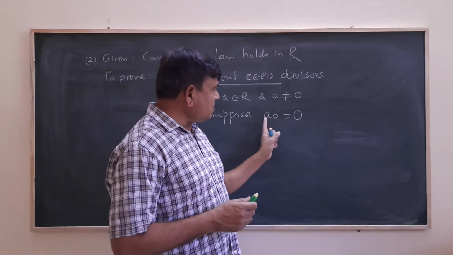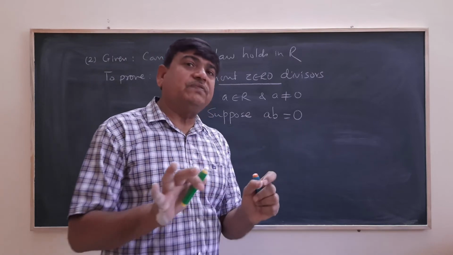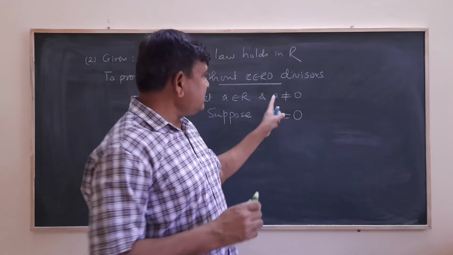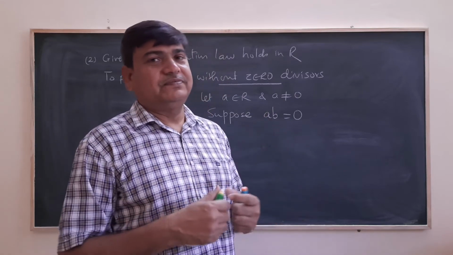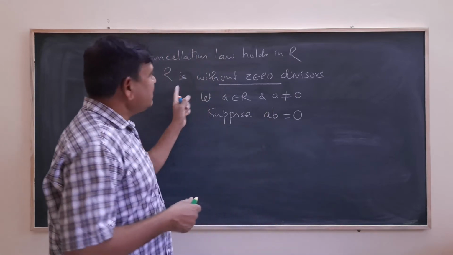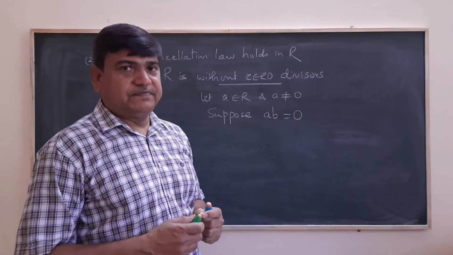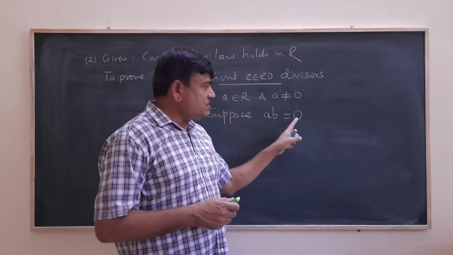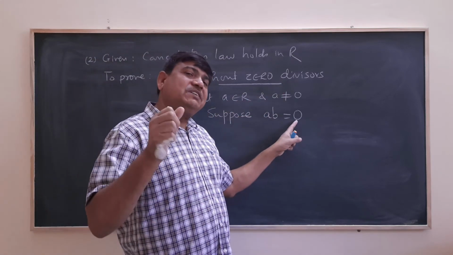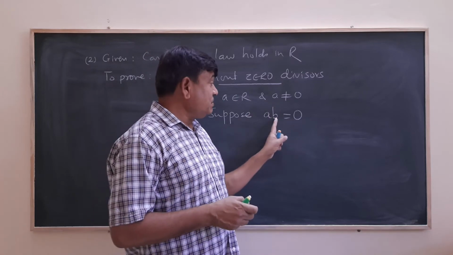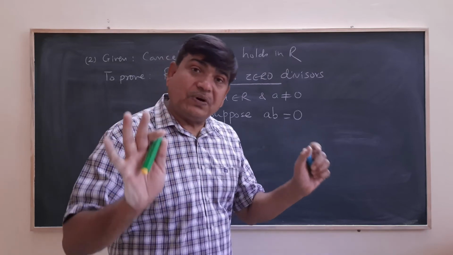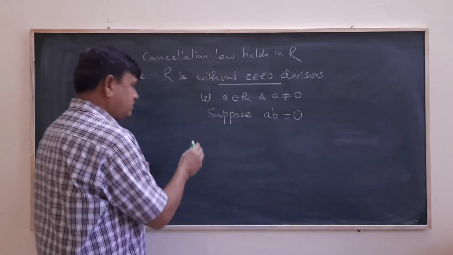If product of two numbers is 0, then at least one of them must be 0. Only then will I say R is without zero divisors. The product of two is 0 when at least one of them must be 0. I assumed A is not 0, so I have to prove that B will be 0. Now how will we do it?